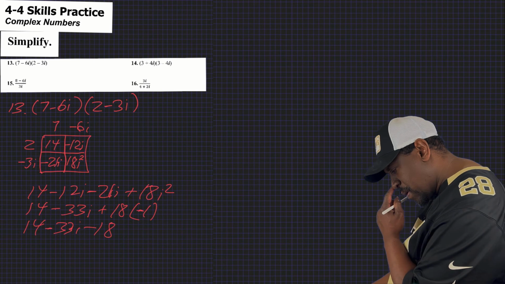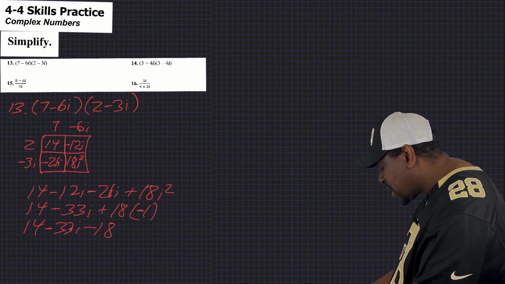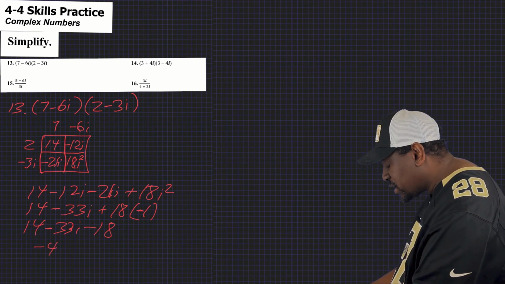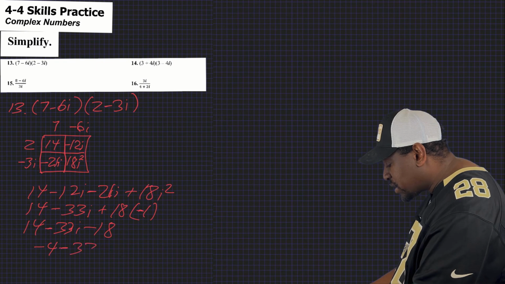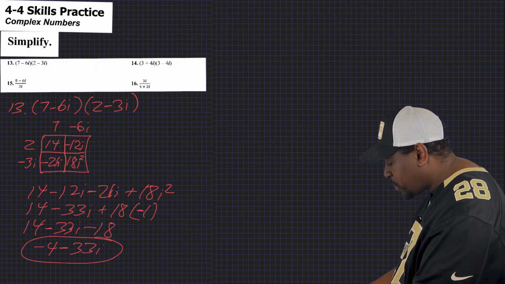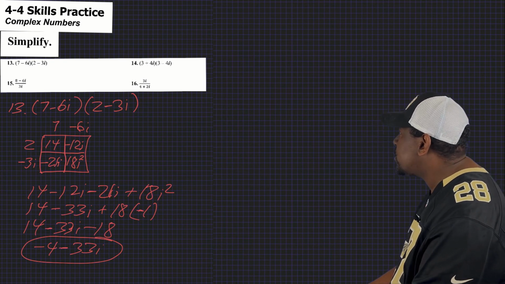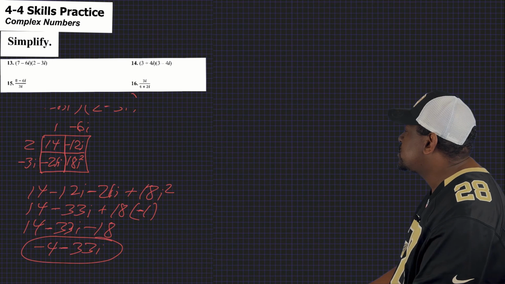Then we will multiply 18 times negative 1, giving us negative 18. We simplify the like terms, 14 minus 18 is negative 4. And we write negative 4 minus 33i, which is our final answer. Very good.